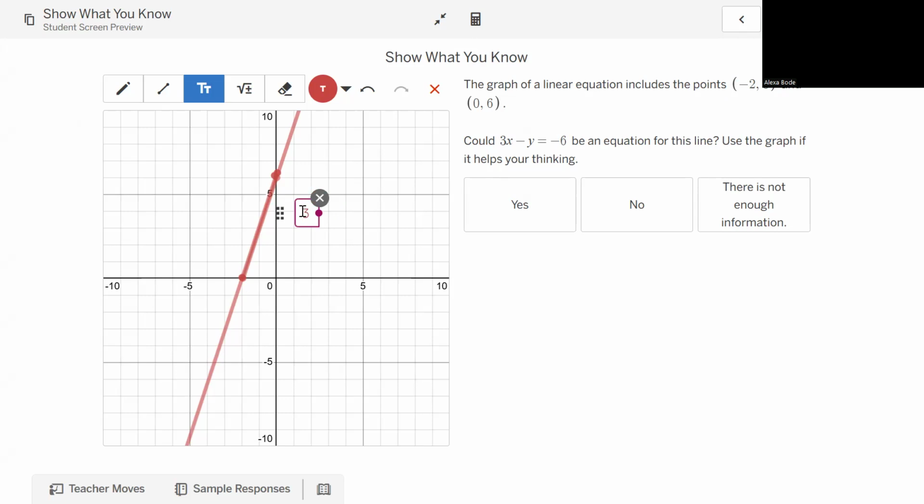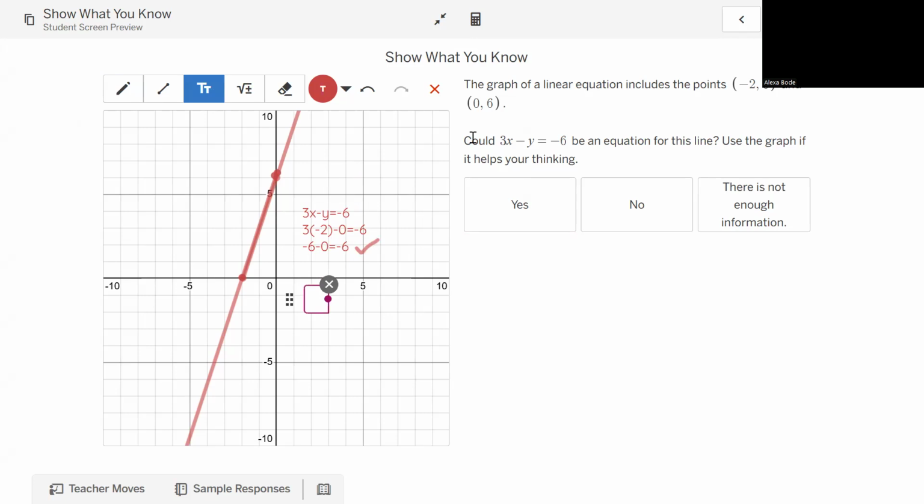So if my equation is 3x minus y equals negative 6, and I put negative 2 in for x, that'd be 3 times negative 2 minus my y is 0, so minus 0. Does that equal negative 6? Well, 3 times negative 2 is negative 6. Minus 0, does that equal negative 6? Yes, negative 6 minus 0 does equal negative 6. So this does work.